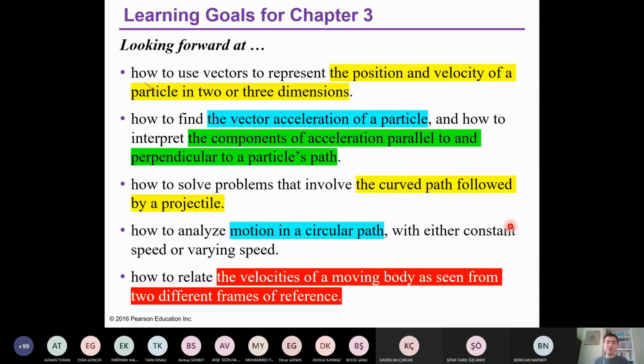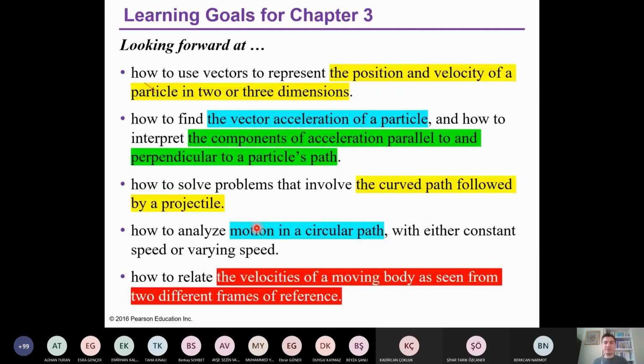And then we will deal with the velocities of a moving body as seen from 2 different frames of reference. This is also another important topic of this chapter. Today I would like to finish these 3 parts, and circular motion and also different frames of reference will be discussed on Thursday.